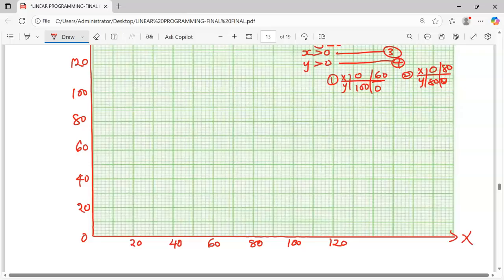What we are going to do is to represent them graphically. For the first one, when the value of x is 0, y is 100 at this point, and when the value of x is 60, at this point y is 0. Those are the 2 points that we are going to join using a ruler, giving a straight line running through the 2 points.